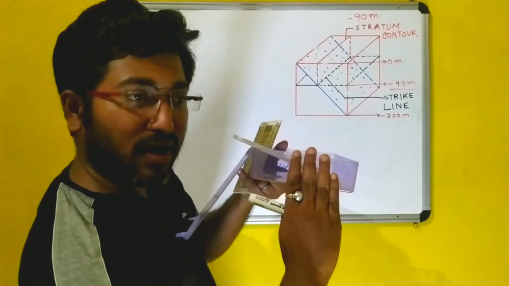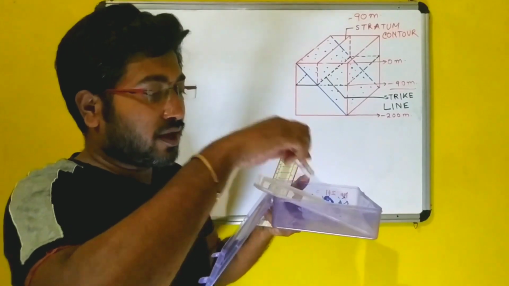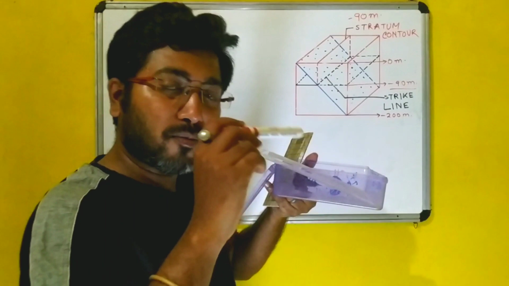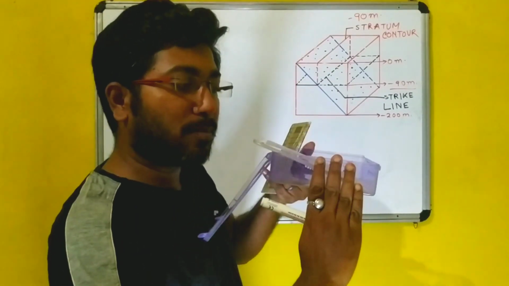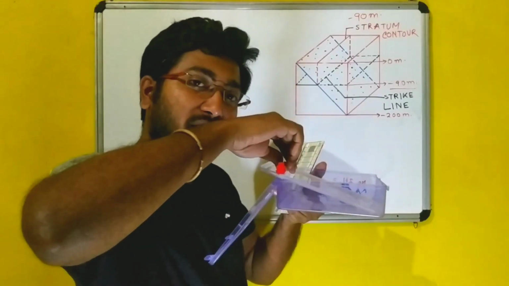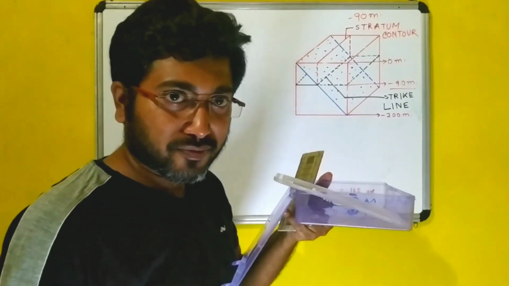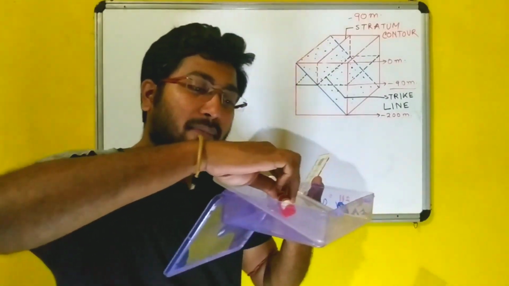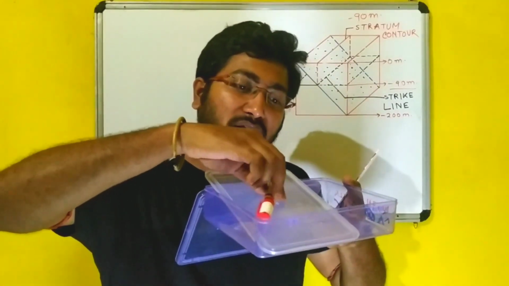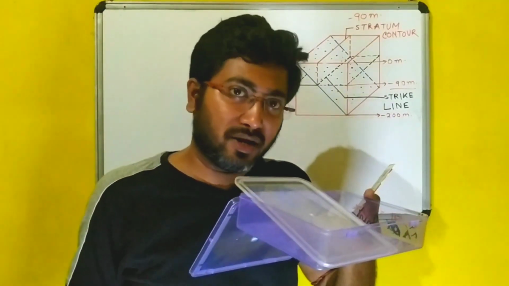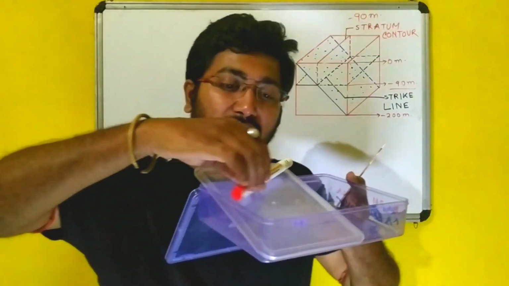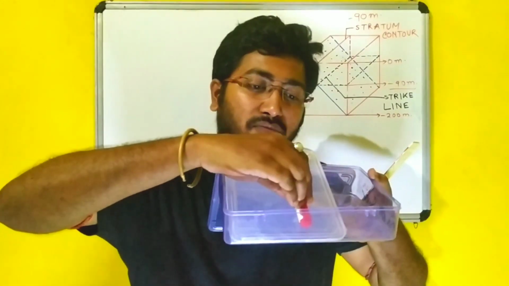So the dip of any plane or inclination of any inclined plane from horizontal, measured on a vertical plane that is essentially perpendicular to the straight line, is called true dip. And the n number of dips or inclinations which are possible on this inclined plane are called apparent dips.